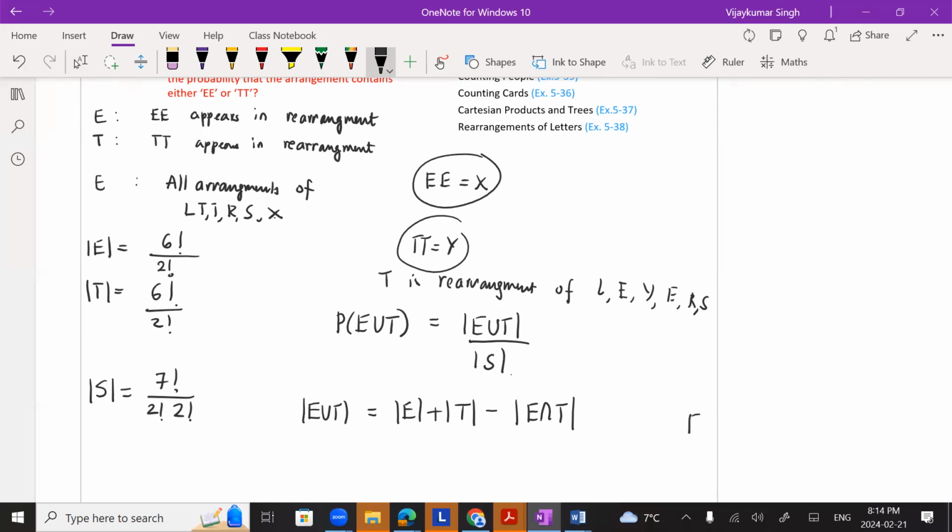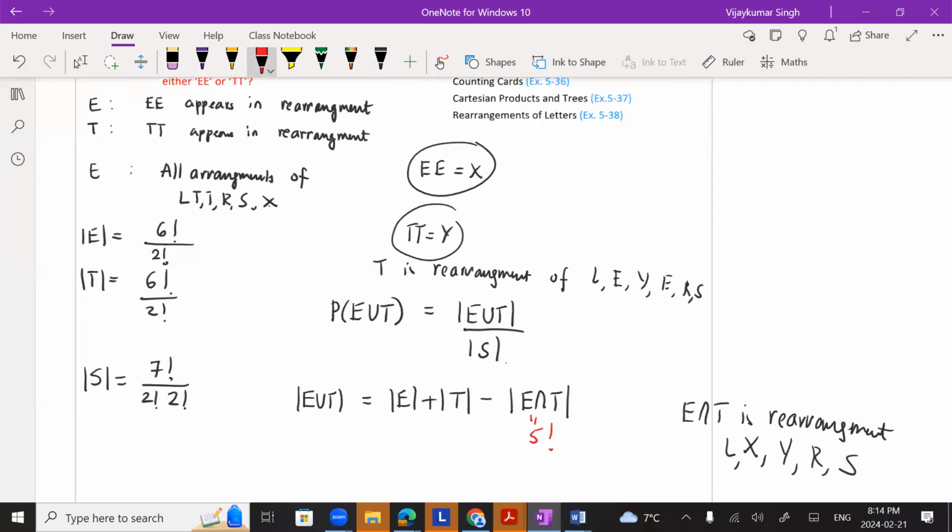So E intersection T is a rearrangement of L, then instead of EE we have X, then we have E, then instead of TT we have Y. Then we have R and then S. So it's a rearrangement of 5 letters, which is going to be 5 factorial, isn't it? So this value is 5 factorial.